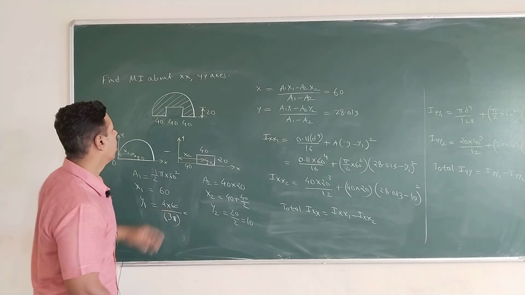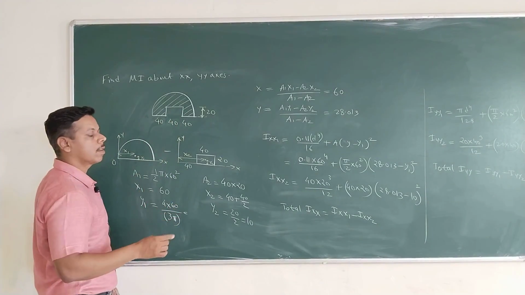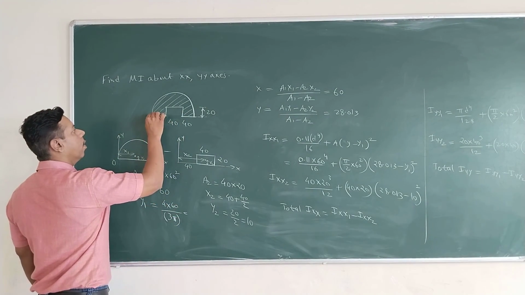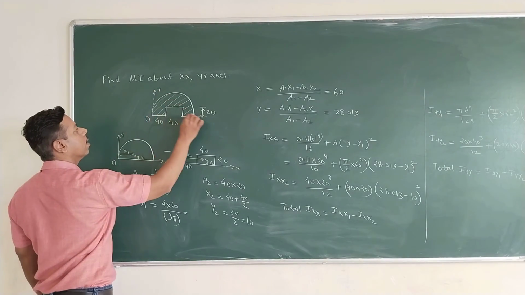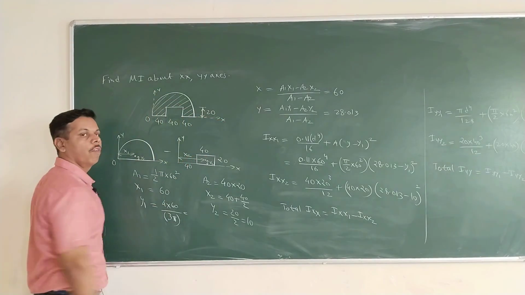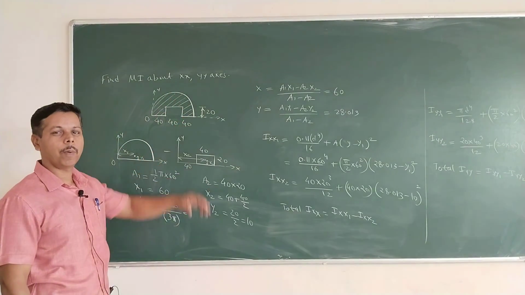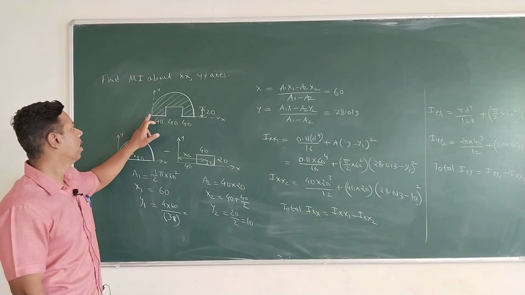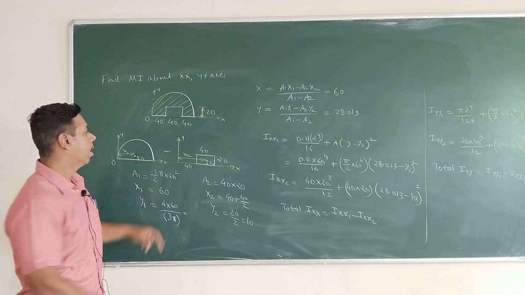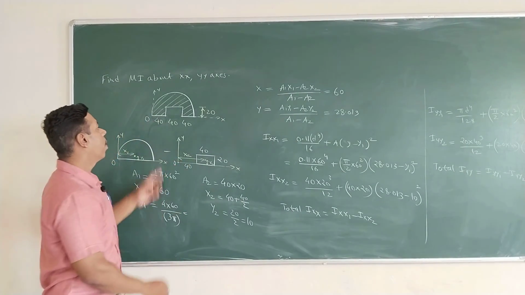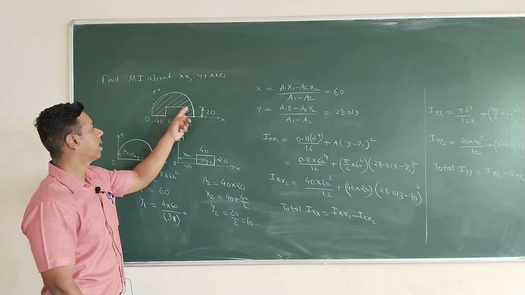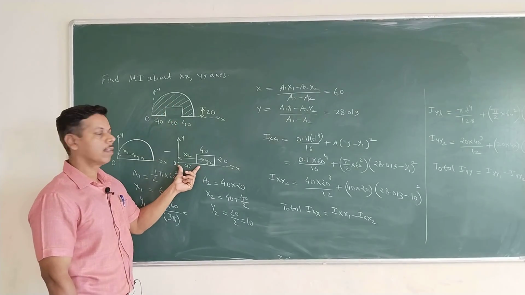For this rectangle, just check. We have to select the origin for which the body should be in the first quadrant, because then x and y will be positive and there will be no confusion. So select the origin here. This is the origin. The rectangle starts after a distance of 40, so take this 40 distance.